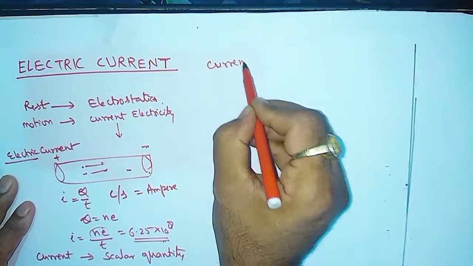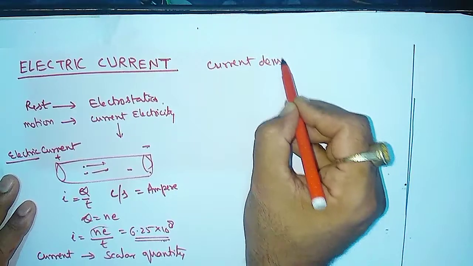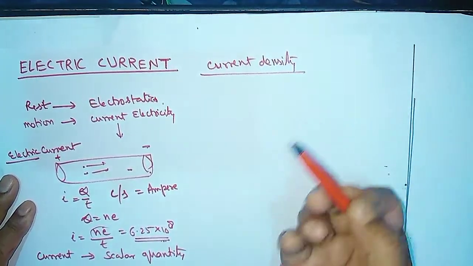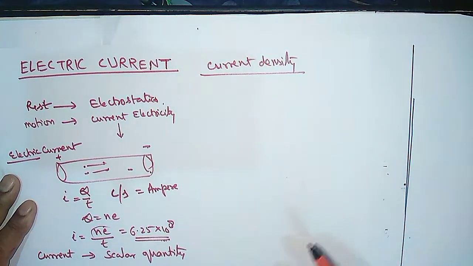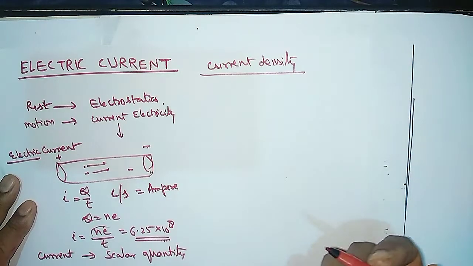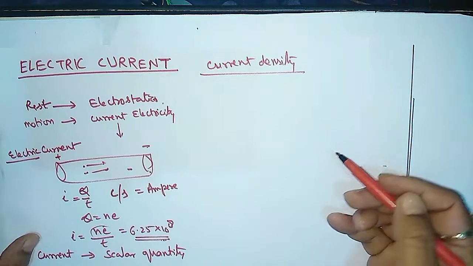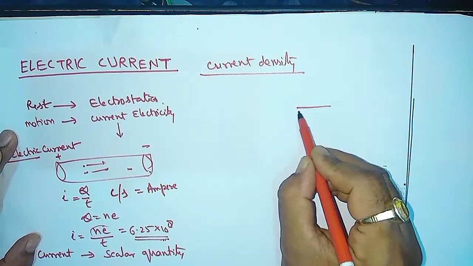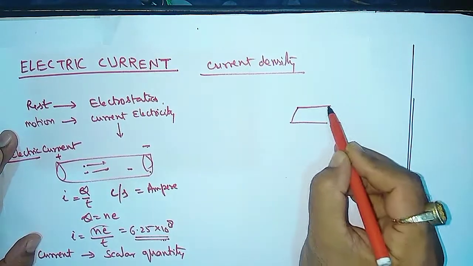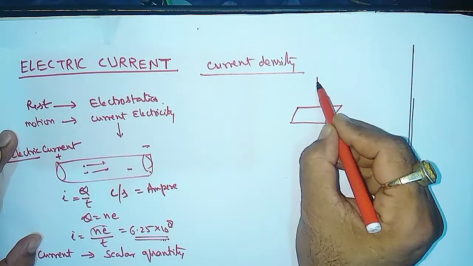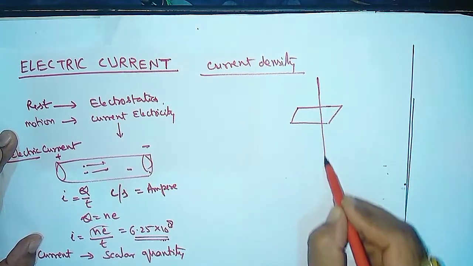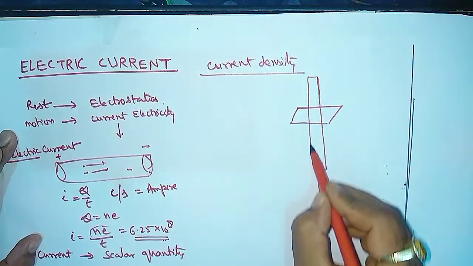Current density. What is the current density? It is very interesting. You know very well, in previous classes you studied that mass upon volume is the density, and here it is in terms of area. Suppose this is an area, and the current is passing through this area.